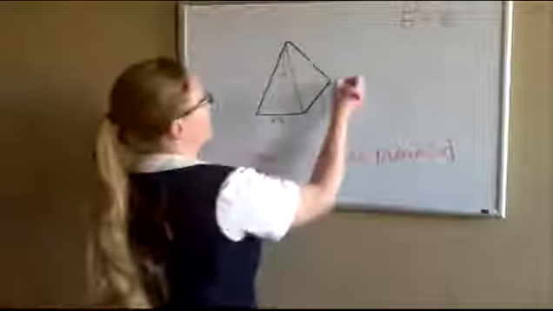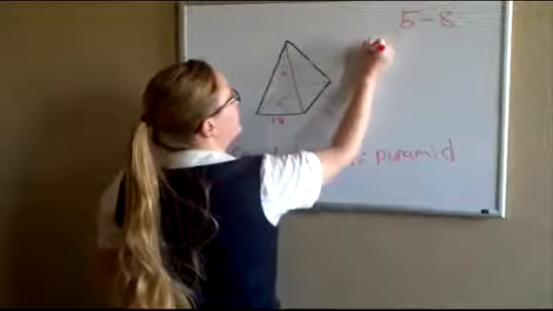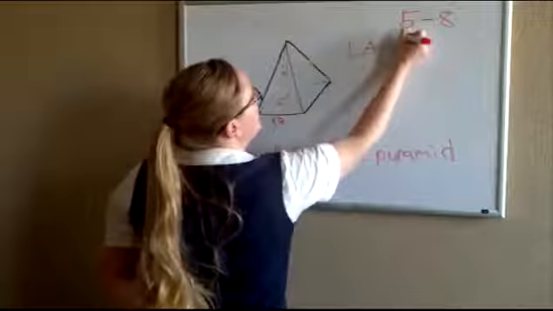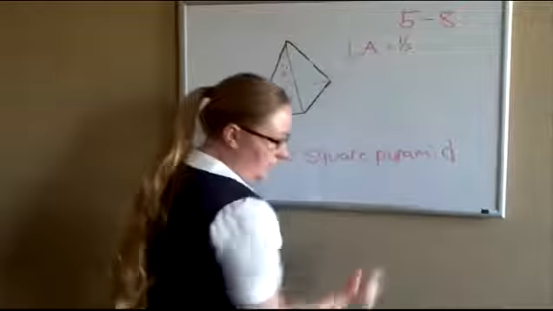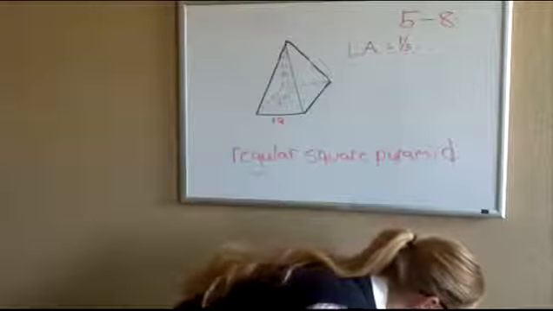Second problem is the lateral area, which is equal to 1/3 perimeter times the slant height. Let me check this just to make sure.